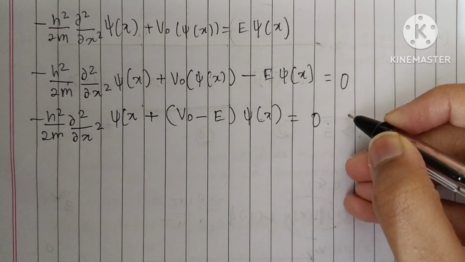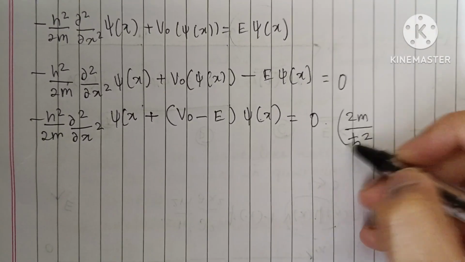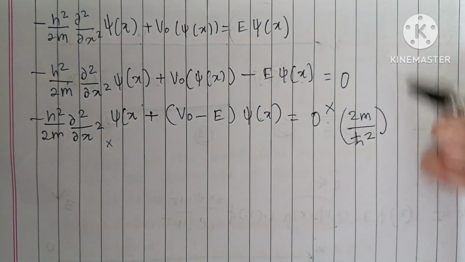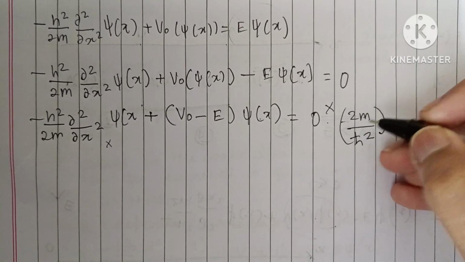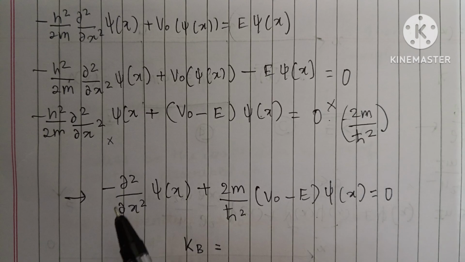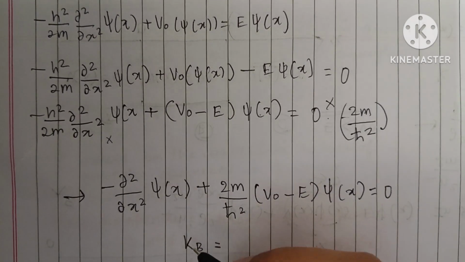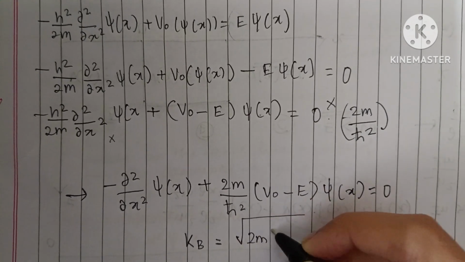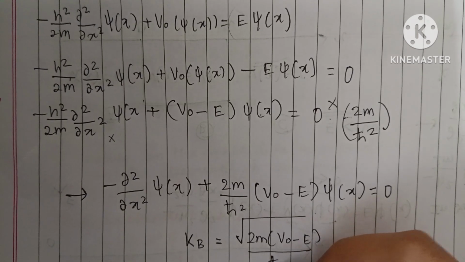Now we can multiply 2m by h bar square on both sides of the equation. For regions A and C, it was minus 2m by h bar square, but now it's positive 2m by h bar square. Doing that will result in this equation. And now we can get the value of k_b as root over 2m (V0 minus E) by h bar.